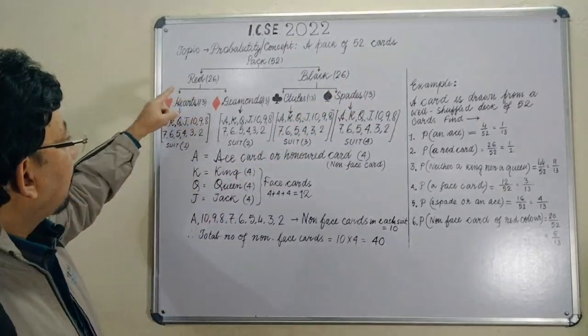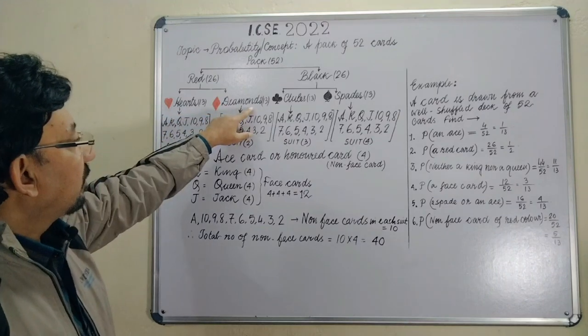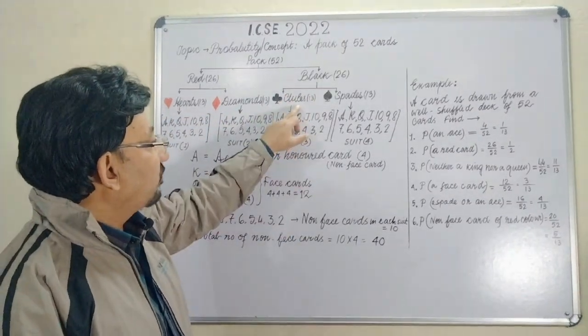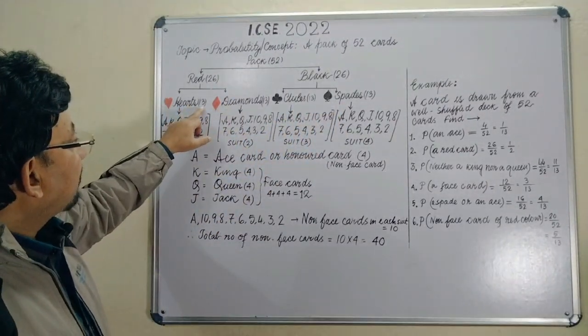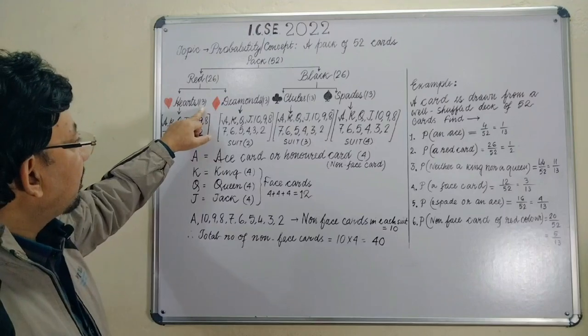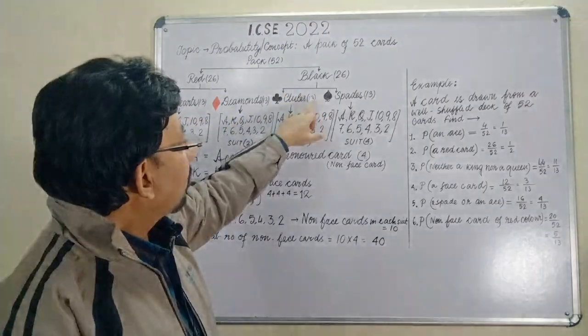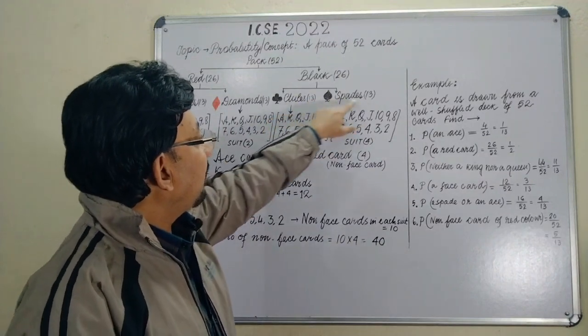Red cards are of two types, hearts and diamonds. Black cards are also of two types, clubs and spades. Each of them is 13 in number. 13 hearts, 13 diamonds. Black cards are also of two types, and each of them also 13 in number.